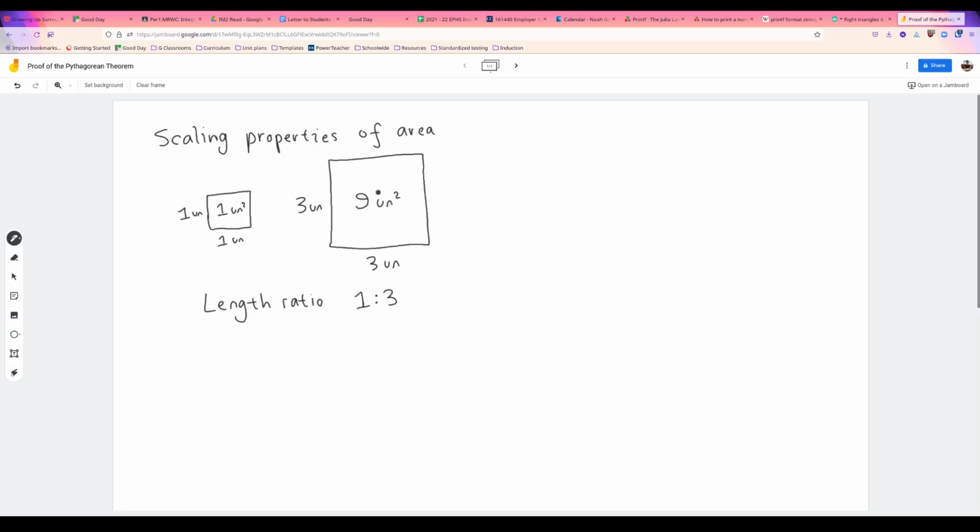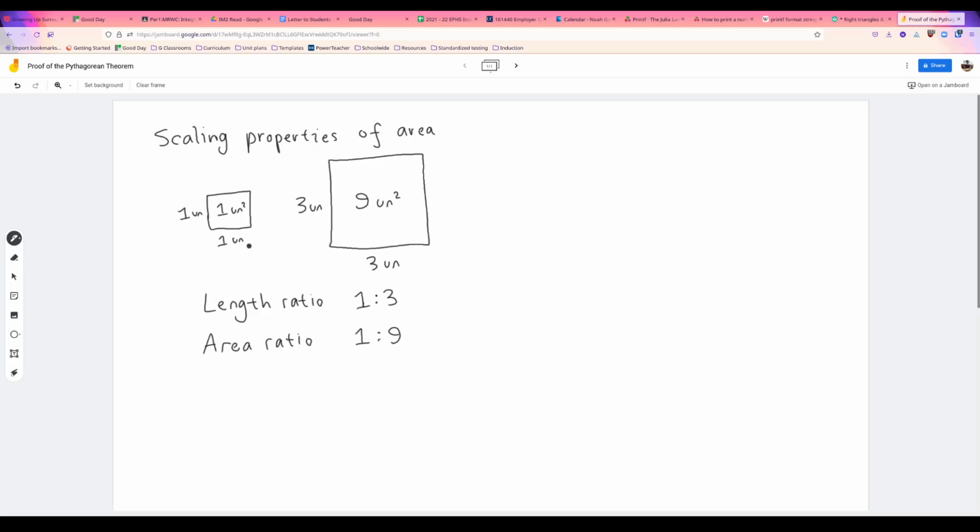Now, what's the scale factor for the area? Well, the area ratio, the area scale factor, is 1 to 9, because 9 is 3 times 3, 3 squared, right? Because both of these sides participated in the multiplication to give us the 9.